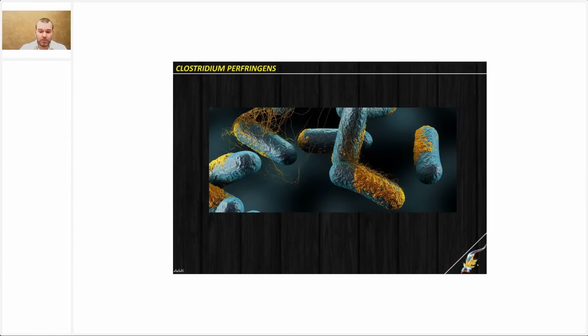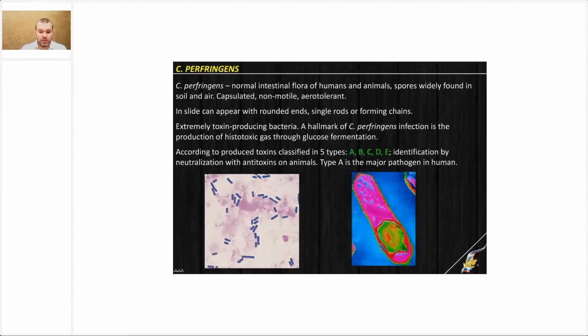So the first species I want to discuss is Clostridium perfringens. It is one of the most known Clostridium. It is identified as a part of normal flora in the GIT of humans and animals. And actually, spores of this species can be easily found in environmental objects, in dust particles, in air, in soil, and they contaminate multiple surfaces, including food products and some medical instruments.